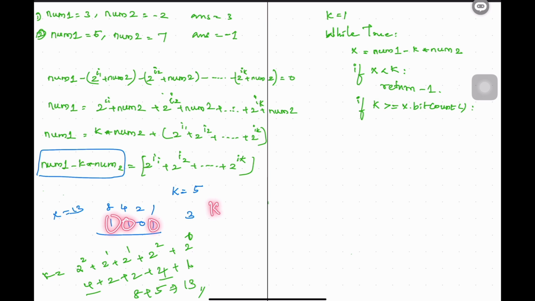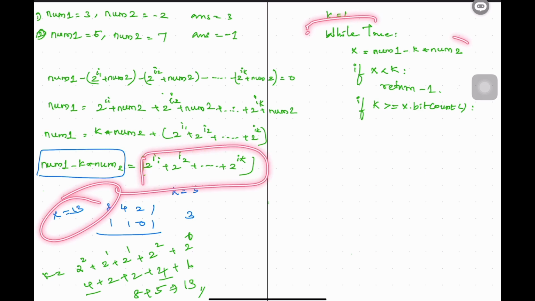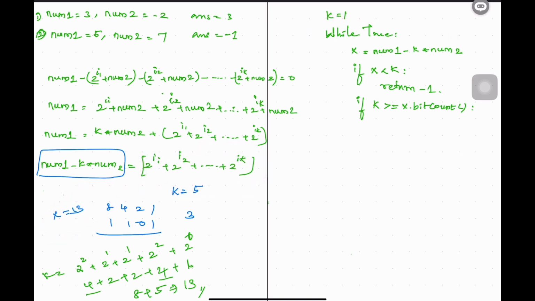So if k equals to 3 itself, we can form this number. So that is the minimum operation. Here we can give i equals to 0, 1, 2, anything, right? So when k comes as 3, at that time k is greater than or equal to bit count, right?